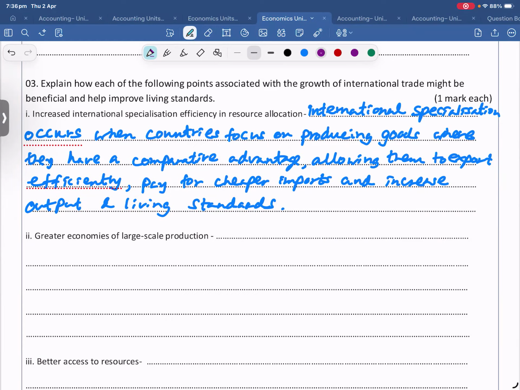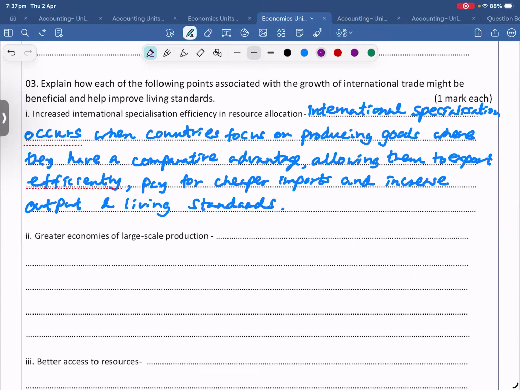It's like people: when we find our profession or job, we pick the best profession we can do for ourselves, and then we can do it efficiently and make money efficiently.